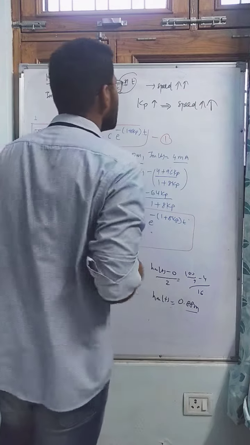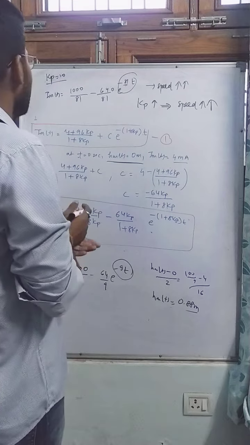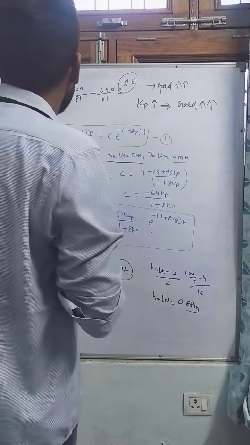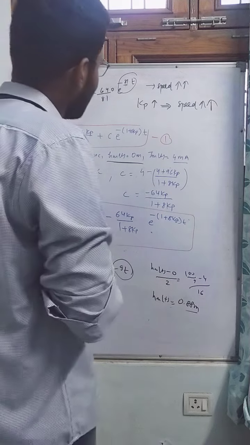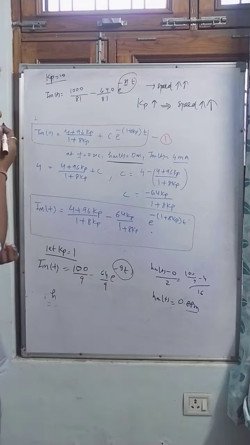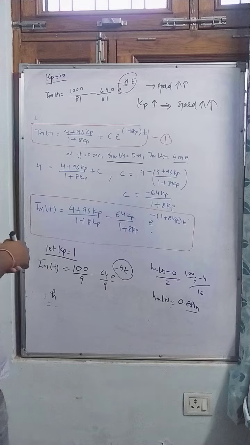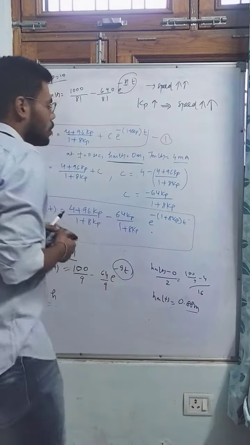So if we are getting such results, can we take Kp equal to infinity? From this equation we are considering that as Kp is increasing, our speed is increasing. So ideally, if we keep Kp equal to infinity, what are the various things? Okay, for that discussion I will take you into the flashback.